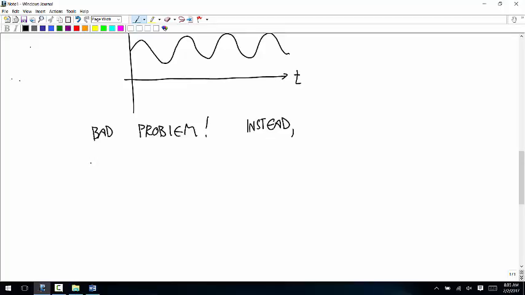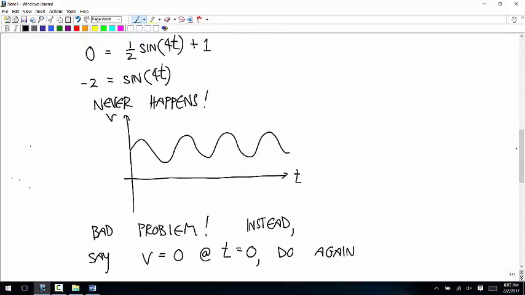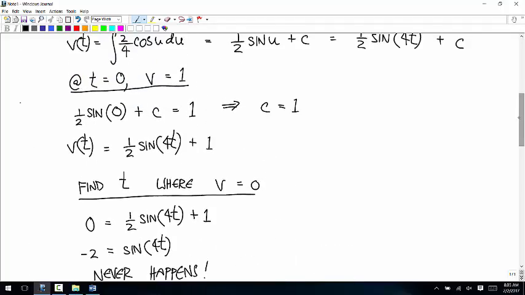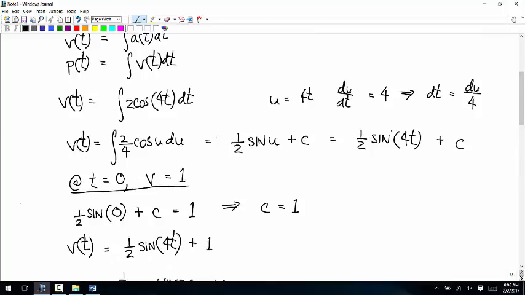Let's say that the velocity is equal to 0 when time is equal to 0. So on your homework, you can just say that problem doesn't work. But let me show you how this would work if it did. So we would have still gotten this when we did the integration. And then our boundary condition would have said when time is equal to 0, velocity is equal to 0.